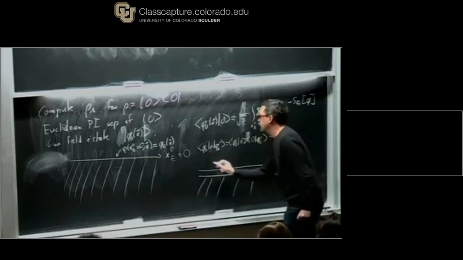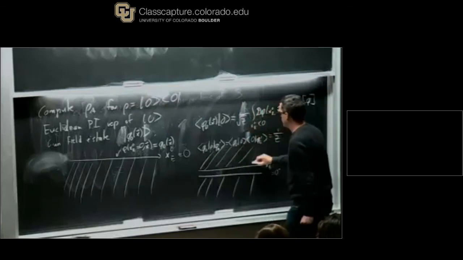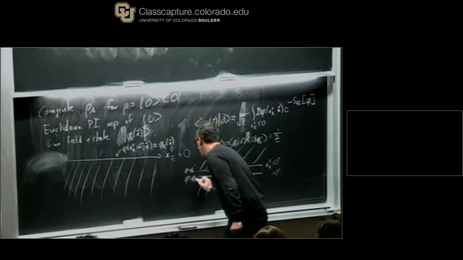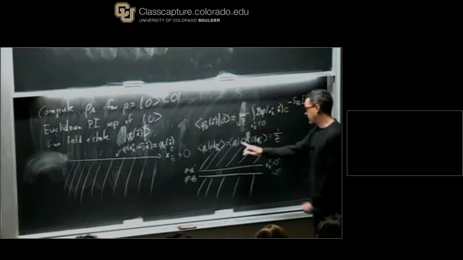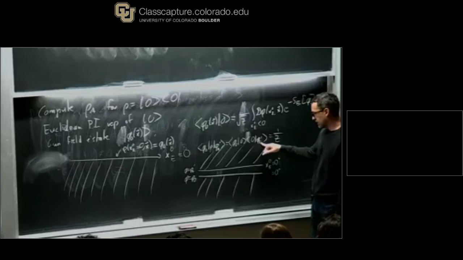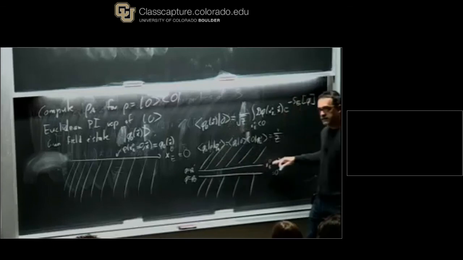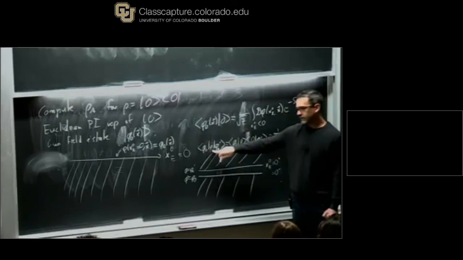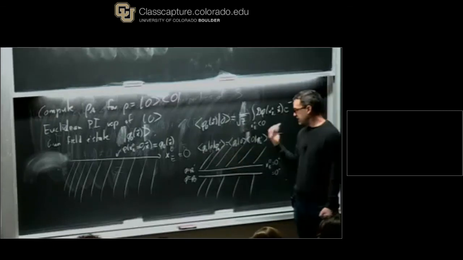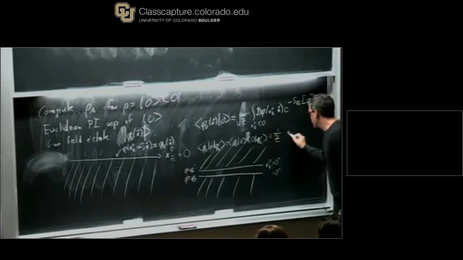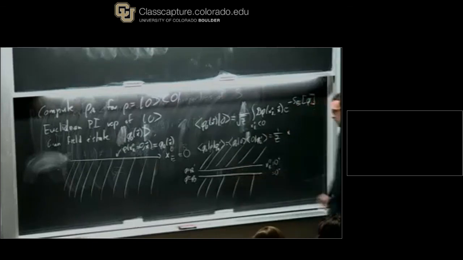And I have two disconnected regions. And here I say that phi equals phi naught prime, and here phi equals phi naught. So I'm just computing a product of two numbers by a path integral. I have this path integral with this boundary condition, this path integral with this boundary condition, and that gives me the matrix element of rho. So now I know my state in some explicit form. This is 1 over Z times this picture.